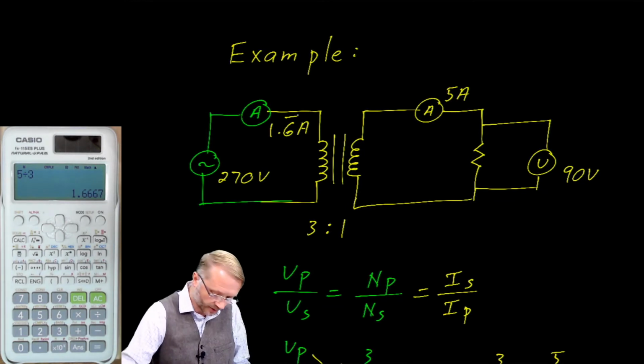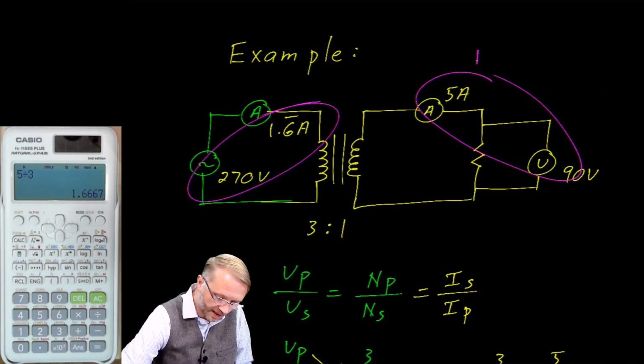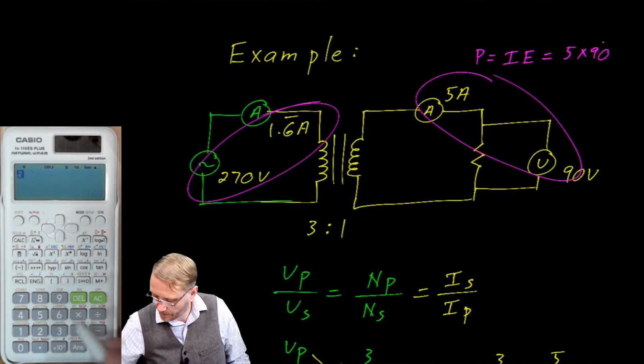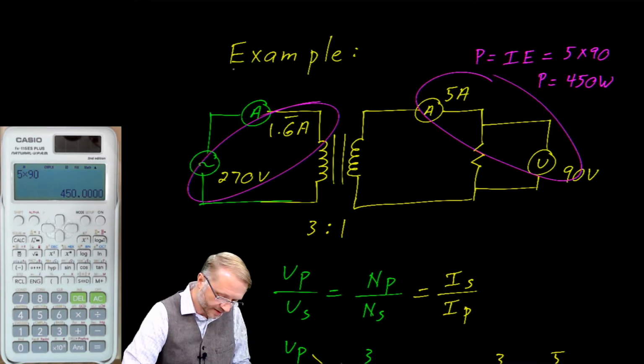We can check our work by calculating the power. Remember, power is equal to the current times the voltage. In this case, it's 5 times 90, which gives us 450 watts. And then we try the same over here.